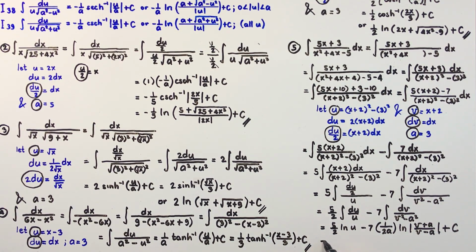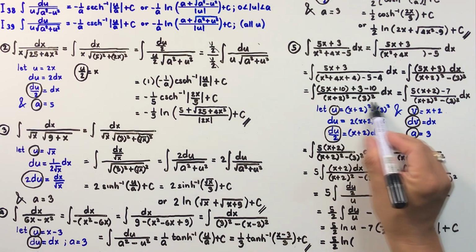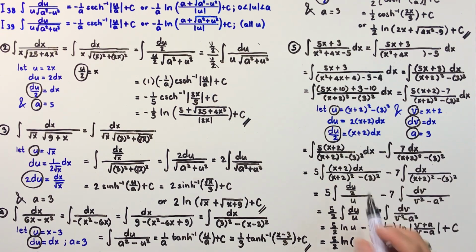So going back to our original variable, this is 5 halves times the natural log of u, but our u is this one. And if you simplify this one, this is equal to this denominator. So that is x squared plus 4x minus 5. And this is minus 7 over 6, because 2 times a, but our a is 3, so this is 2 times 3, and 2 times 3 is 6.